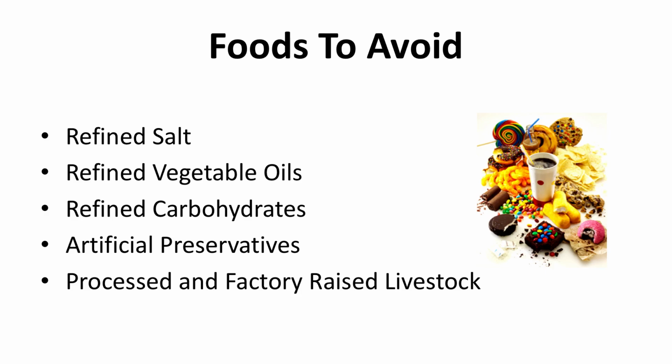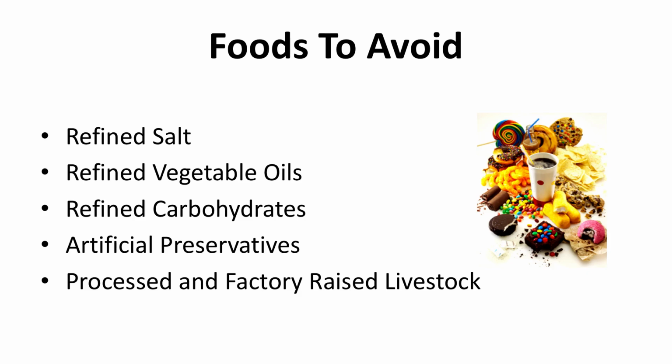The most important things to avoid are too many processed foods, such as refined salt. Use only natural, unprocessed sea, rock, or Himalayan salt. Avoid all refined vegetable oils. Use only cold-pressed or centrifugally extracted coconut, palm, or olive oils.